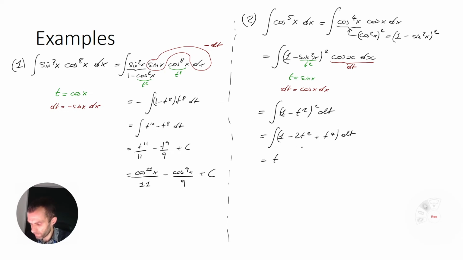T minus 2 divided by 3 t to the power 3 plus t to the power 5 divided by 5 plus a constant. Don't forget the constant. And now back substituting sine of x, we get sine x minus 2/3 sine to the power 3x plus 1/5 sine to the power 5x plus a constant.